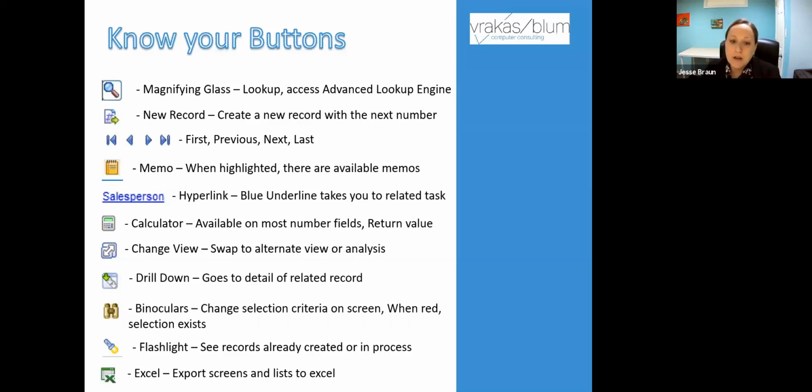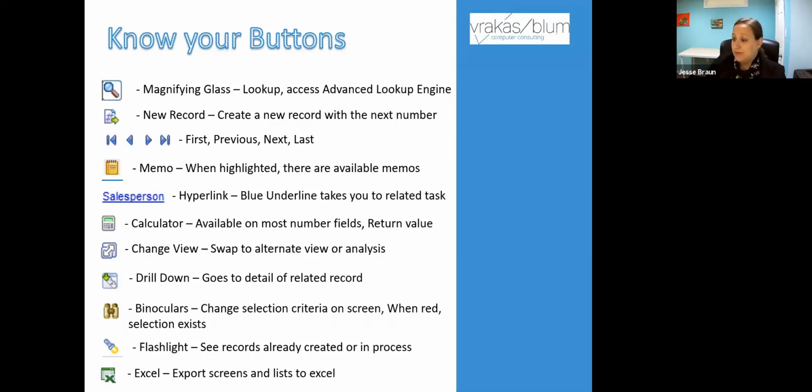If you have an analysis tab that says, this is how much you sold last year, and this is the margin, and a lot of other information, you can actually click the change view button and it might do a comparison of this year versus prior year. So kind of play around with those buttons whenever you see them. It's fun to see the different views that are available to you.